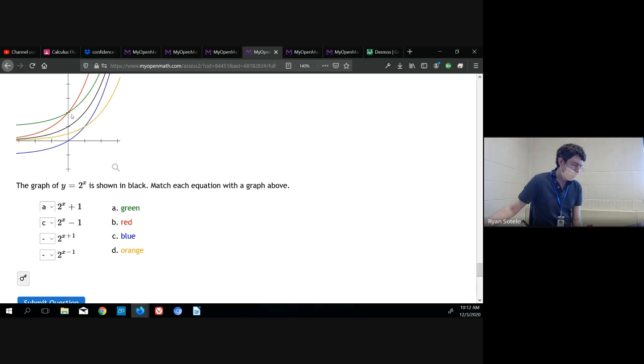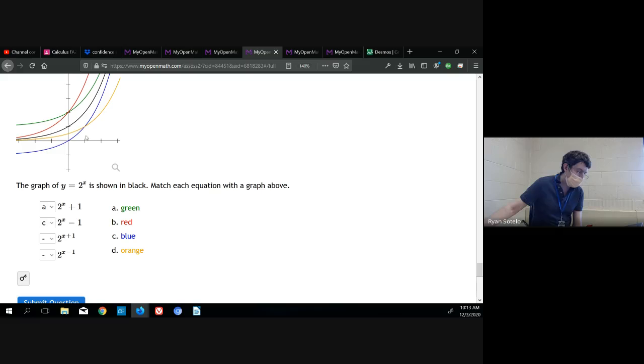And notice that the red one has 2 a unit earlier. So the red one is the black one shifted left 1. The red curve is the black curve shifted to the left 1 unit. Okay.